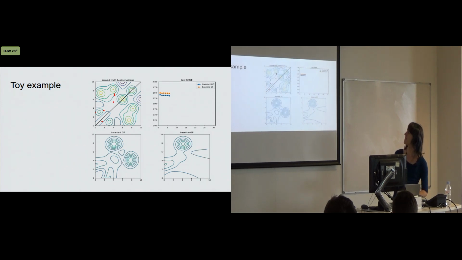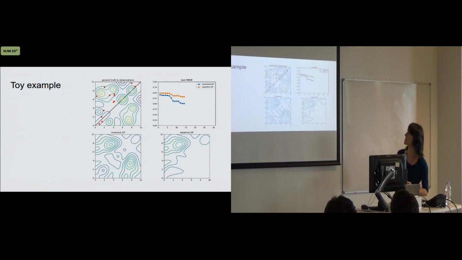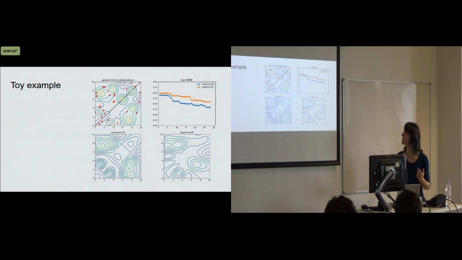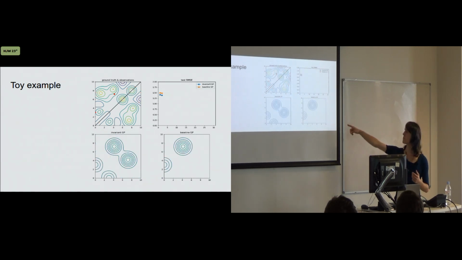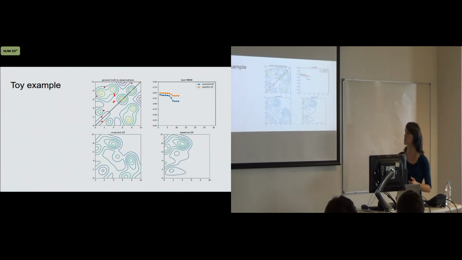You can see, even though most of the training points are in the top left half of the plane, the invariant GP already generalizes to the other half because it has the invariance in it, whereas the regular GP on the bottom right needs to first get the observations on the other half before it can predict well on that side.